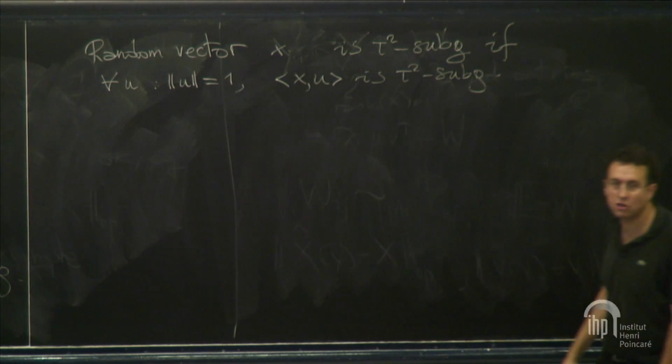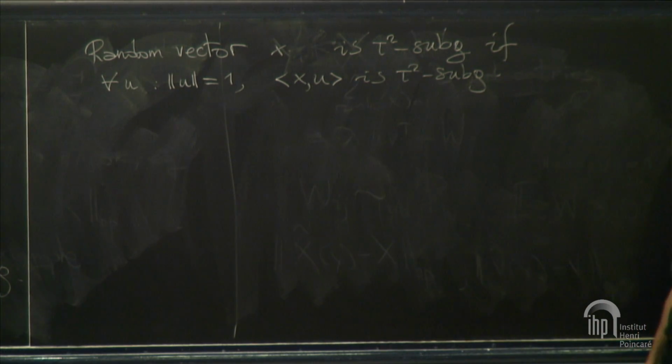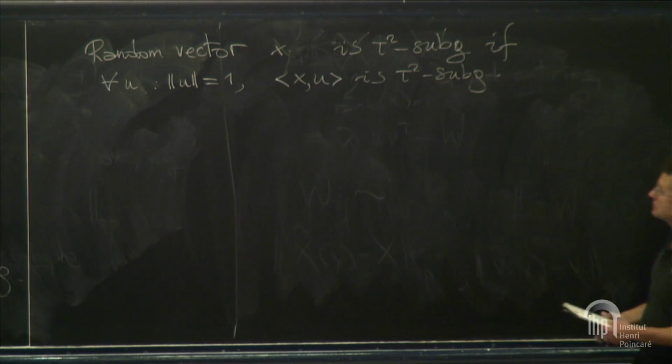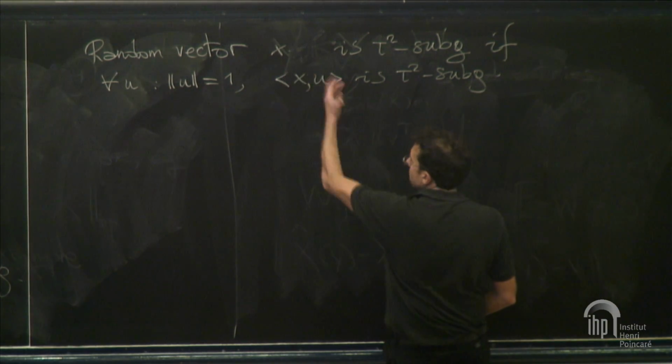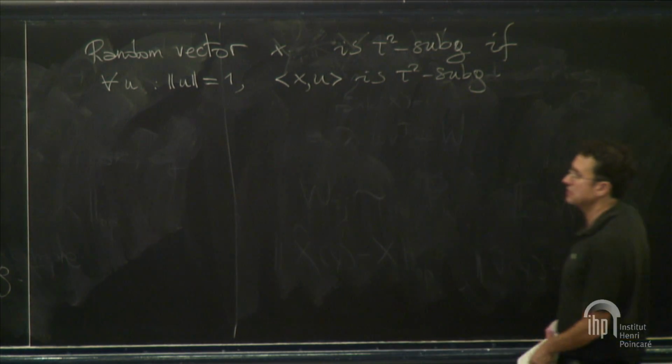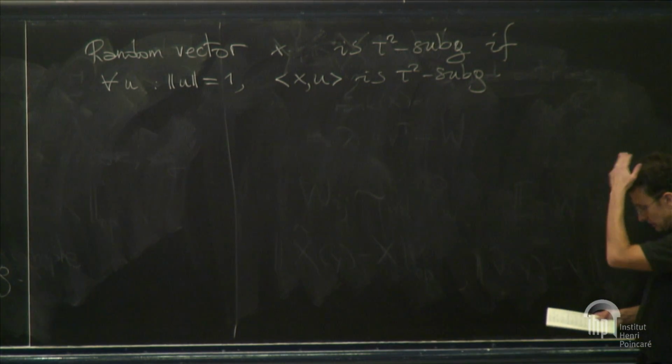Again, this is similar to what you say in the case of a Gaussian random vector. It's a vector whose one-dimensional projections are Gaussian. And here I'm saying a sub-Gaussian random vector is by definition something whose one-dimensional projections are sub-Gaussian.